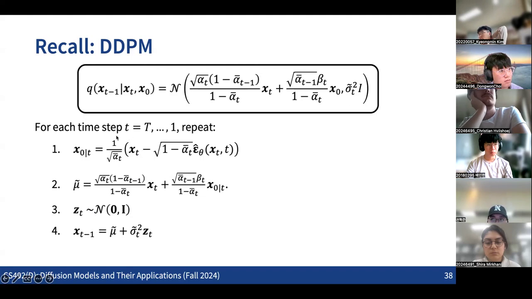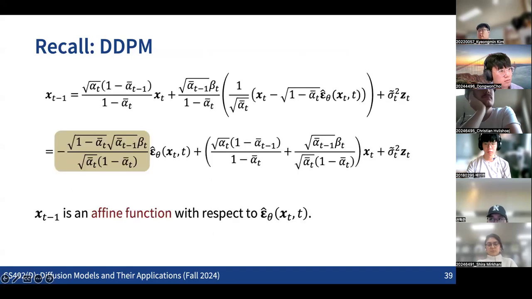If we look at all the steps in one step of denoising, what we can see is that xt minus 1, which is sampled from xt, can be seen as an affine function with respect to the noise prediction, right?